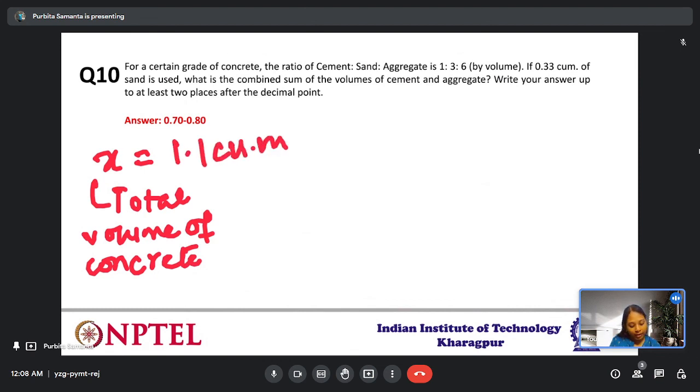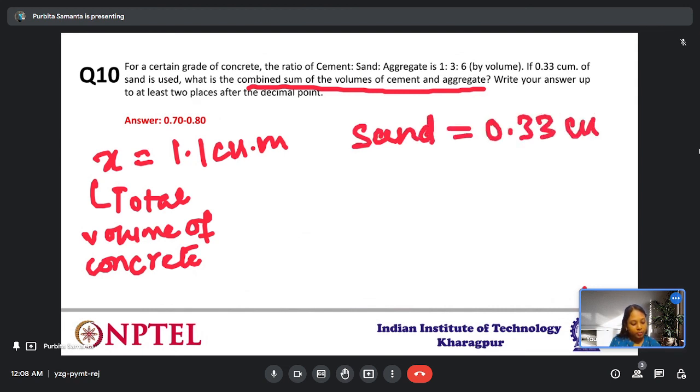We have to find the combined sum of the volumes of cement and aggregate, which means the remaining part. We already know that the volume of sand is 0.33 cubic meter.